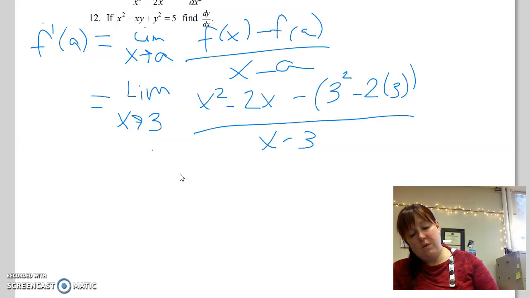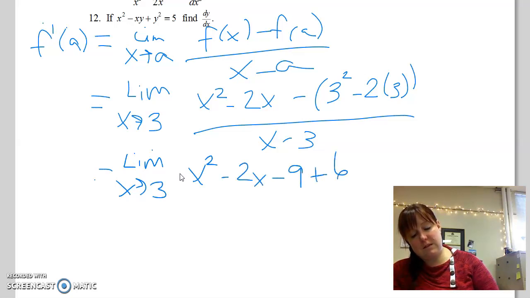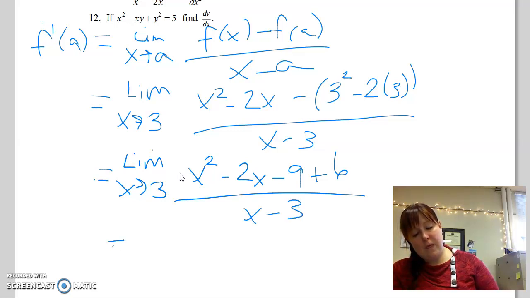So then we have the limit as x approaches 3 of x squared minus 2x minus 9 plus 6 over x minus 3. That equals the limit as x approaches 3 of x squared minus 2x minus 3 over x minus 3.